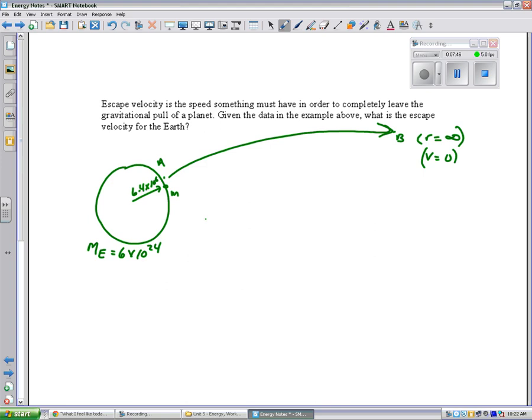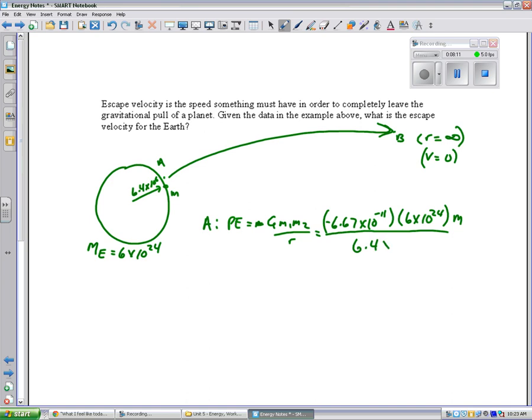Okay, so at point A, we have PE is negative Gm1 m2 over r. It's negative 6.67 times 10 to the minus 11th times m1, mass of the Earth, 6 times 10 to the 24th. I don't know the mass of the object, so I'm just going to call it m, divided by r, 6.4 times 10 to the 6th.